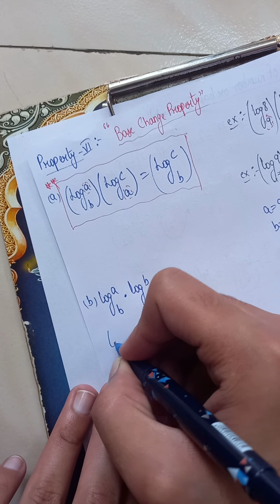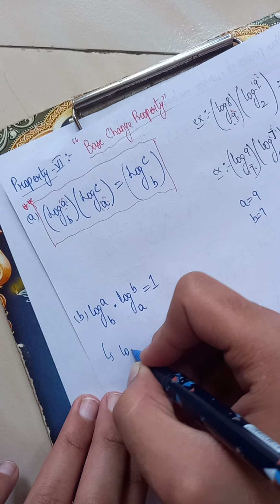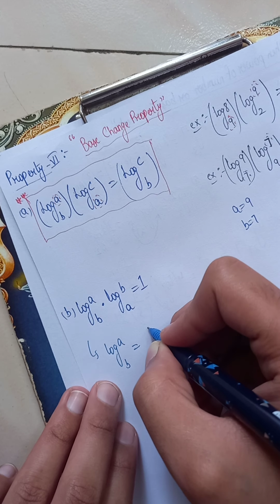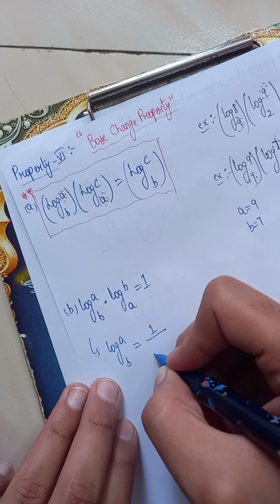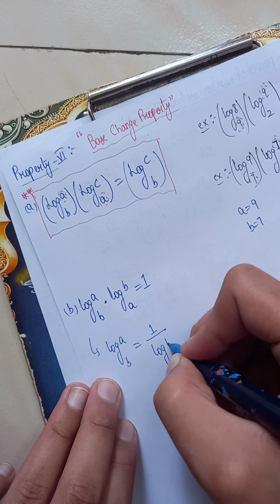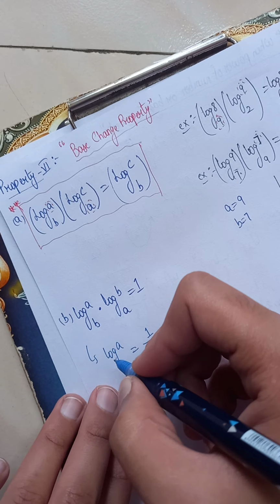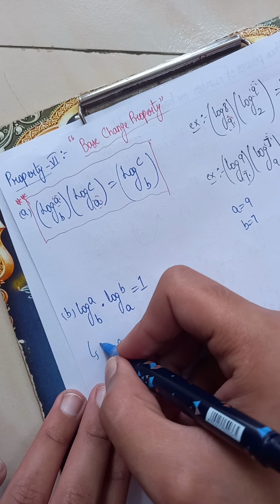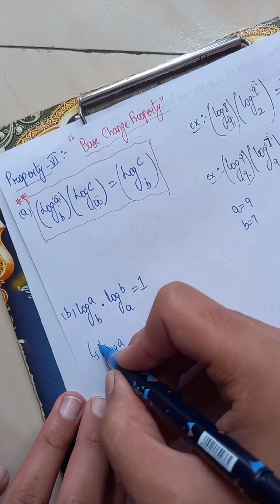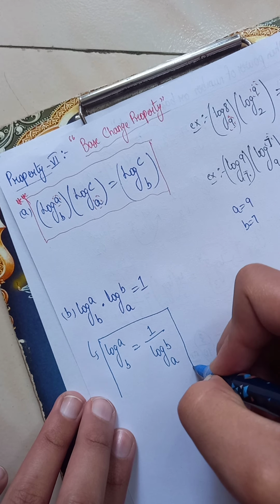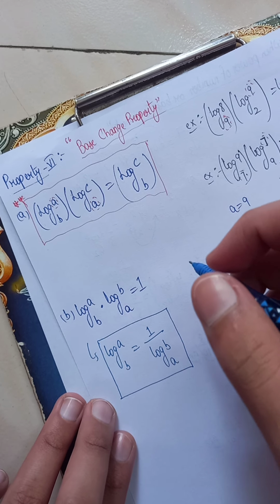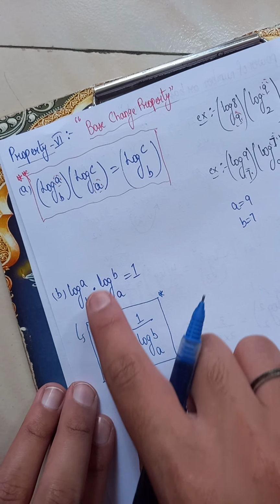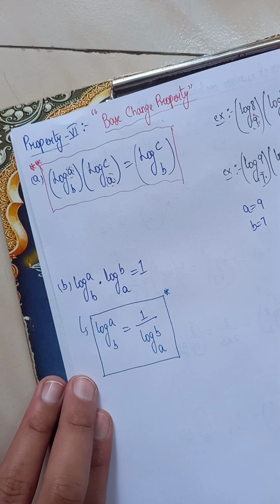We can write this also as log a to the base b is equal to 1 by log b to the base a. Log a to the base b is nothing but 1 upon log b to the base a. We can write it in this form also.